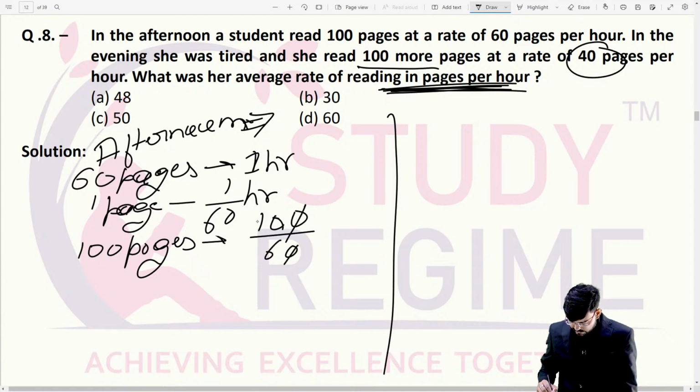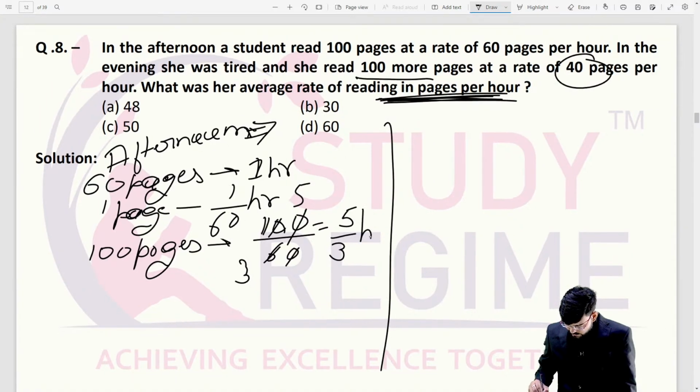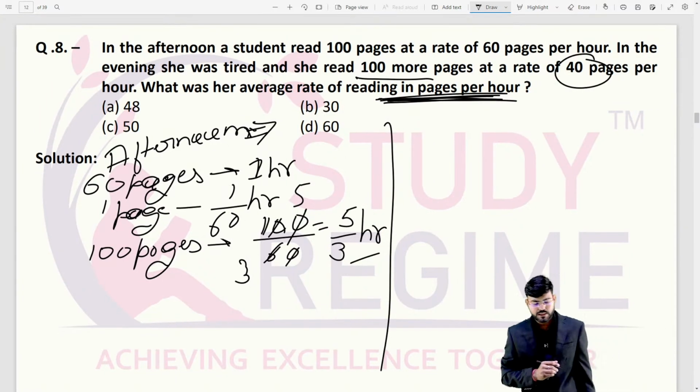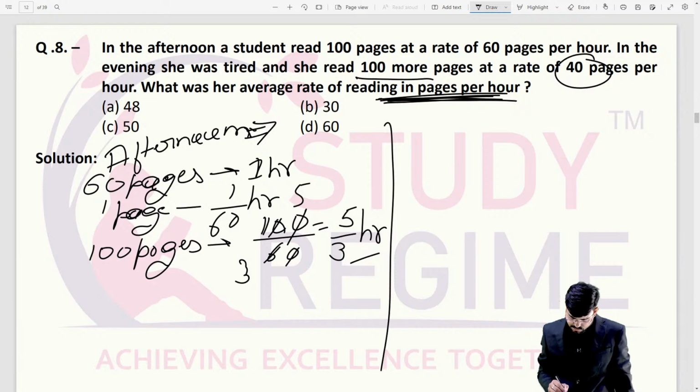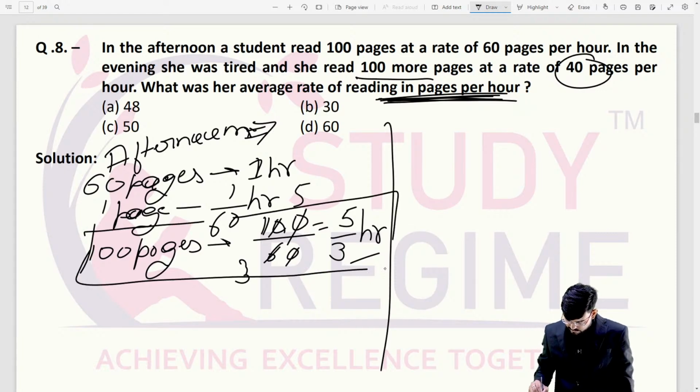I'll cancel out, and I'll get 5 upon 3 hour. Clear? In the afternoon, the student is reading at a rate of 60 pages per hour. So, if she wants to read 100 pages, how much time will she take? 5 by 3 hour. This is the scenario in the afternoon.